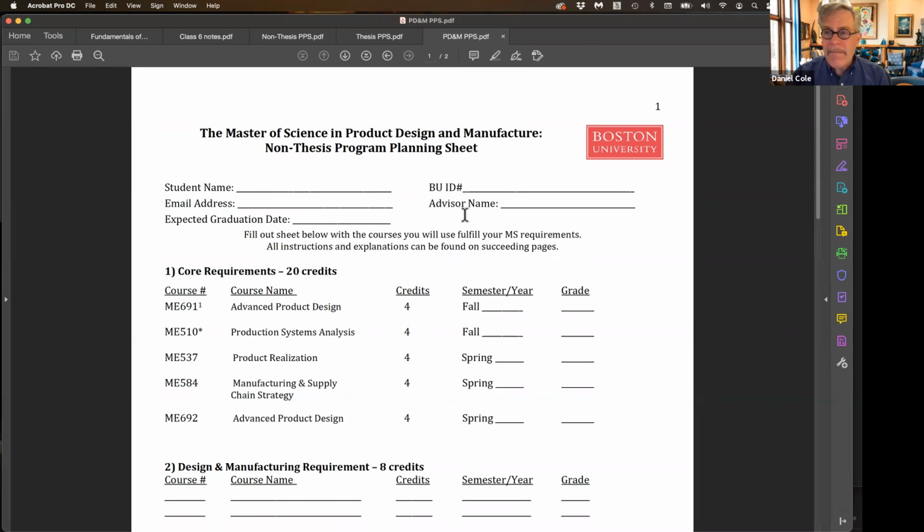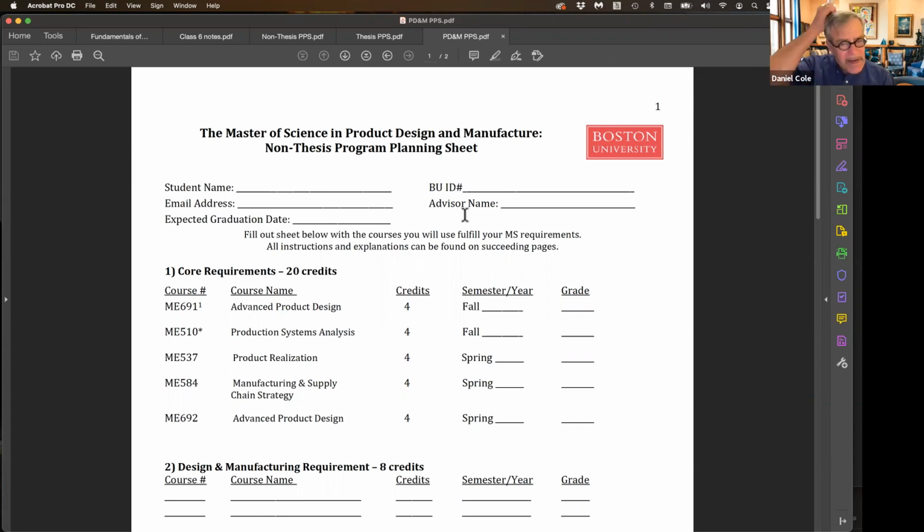So we now have a master's in product design and manufacture, thinking that it's a good compatibility. You design things, but you also know how to make a lot of them and make them well, but cheaply and fast. That sort of thing.